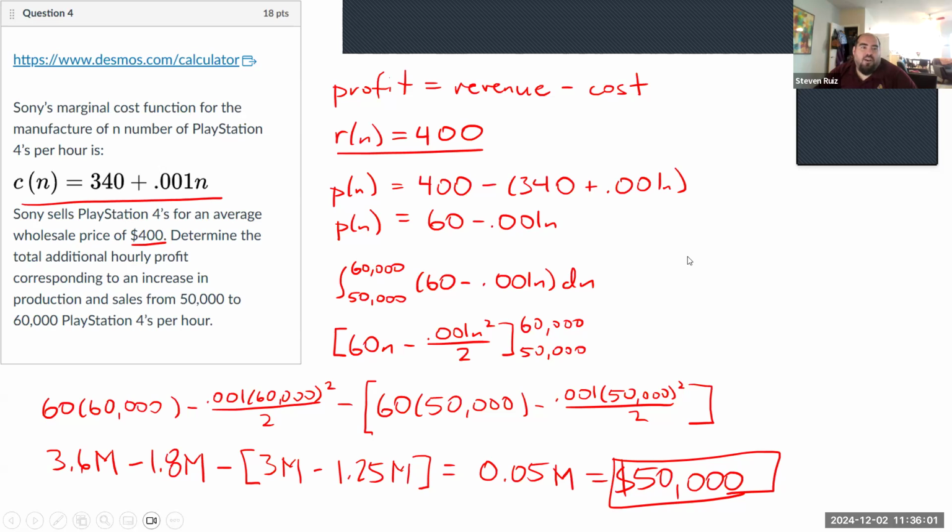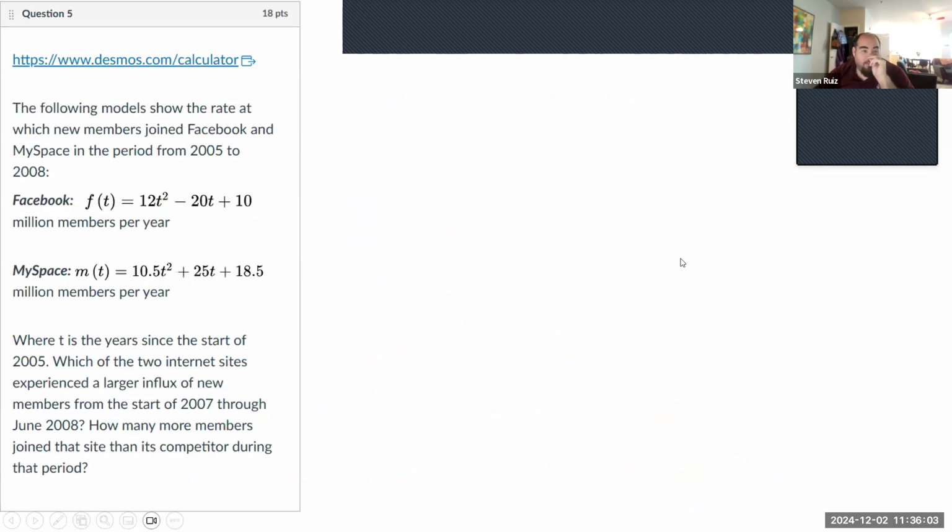All right, moving on to question 5. The following models show the rate at which new members join Facebook and MySpace over a 3-year span, where t is the year since the start of 2005. Which of the two internet sites experienced a larger influx of new members from the start of 2007 through June of 2008?